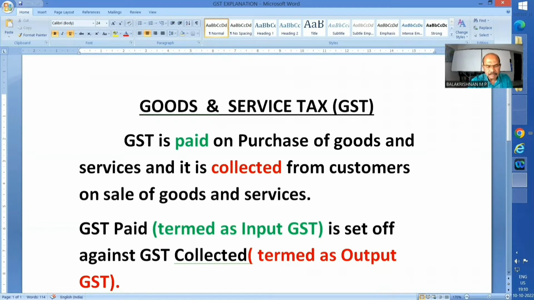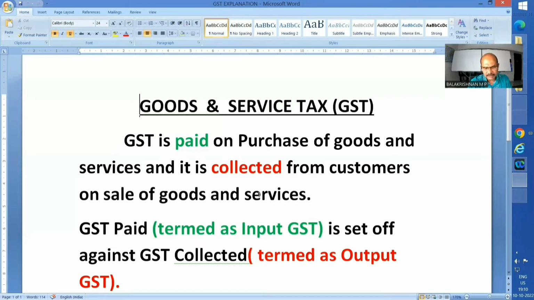When we make a purchase, a tax element will be there in the invoice. We have to pay that also.